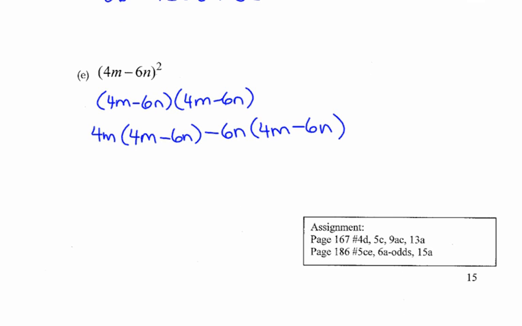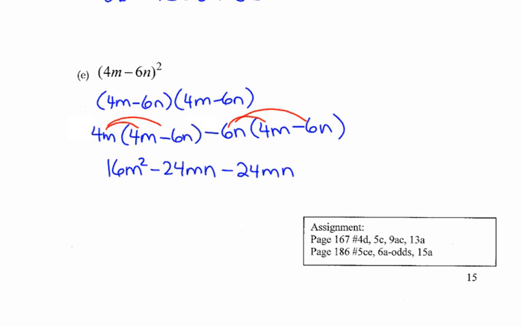Now distributive law, each of these, 4m times 4m, 4 times 4 is 16, m times m is m squared. 4m times negative 6n, so 4 times negative 6 is negative 24, and alphabetically mn. They're not like bases, so we can't combine them. Again, negative 6n times 4m, negative 24, and then alphabetically mn.